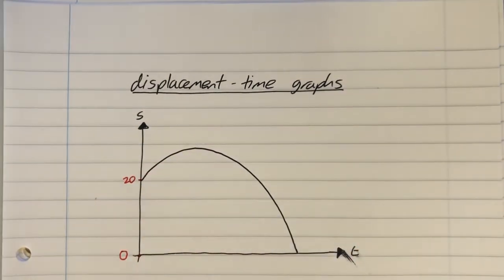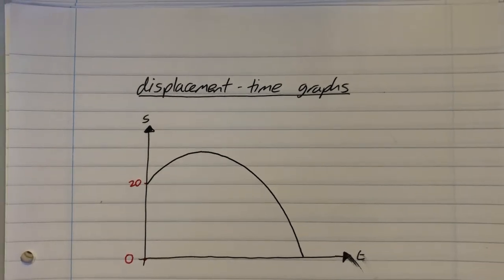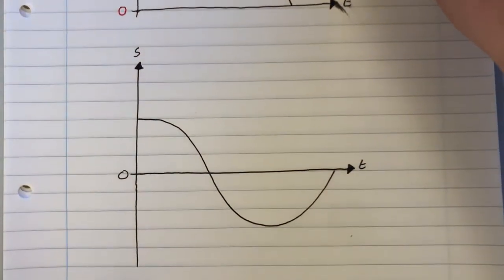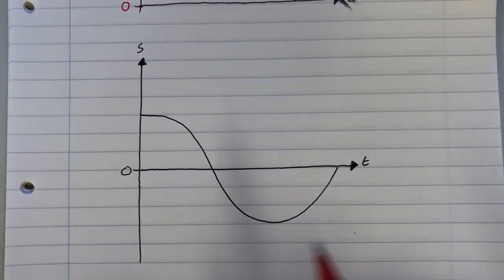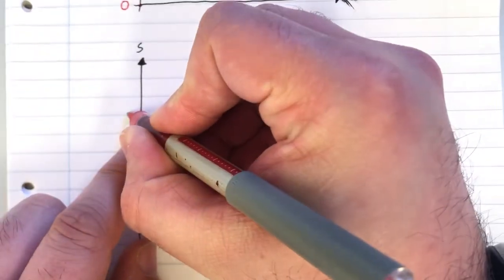Now, I've just done a video on vectors, and I've said that displacement, velocity, and acceleration are all vector quantities, but we're just looking at a one-dimensional case. So although they are vectors, it's not much different to distance at this stage, but there is still a subtle difference between displacement and distance: displacement can go negative. Let's say again it starts at 20.